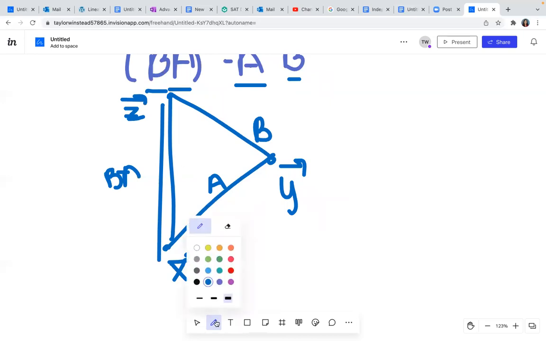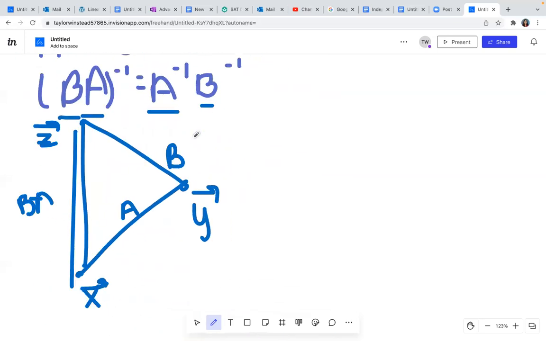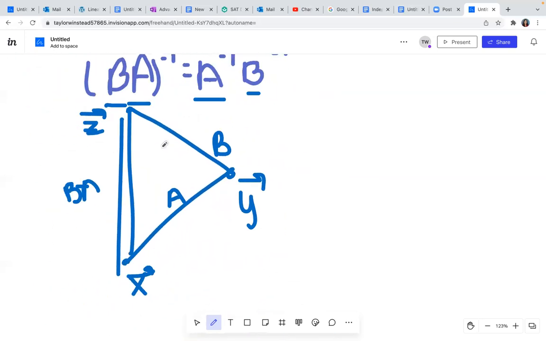Sorry, wait a minute. Let me think about this for a second, because I think I got my order mixed up a little bit. Okay, so if we're trying to go from Z to X, right?